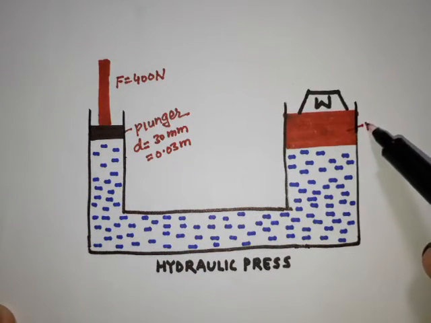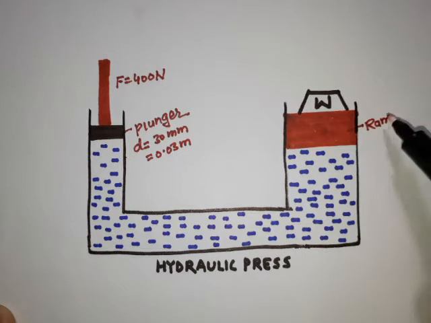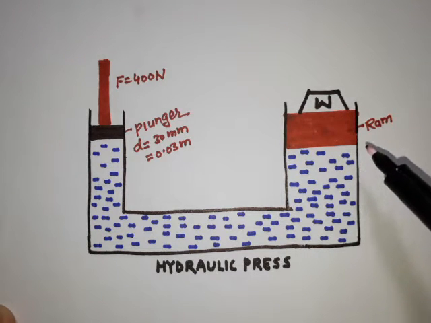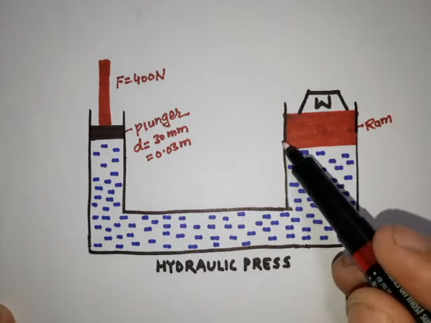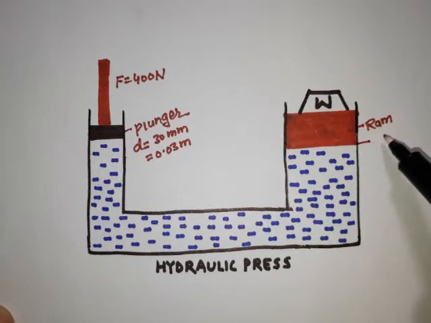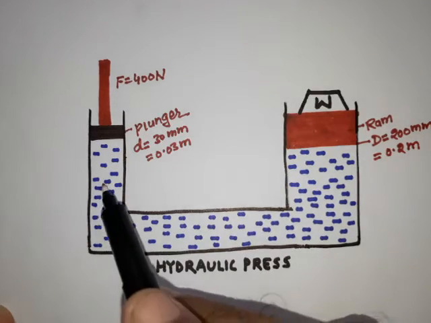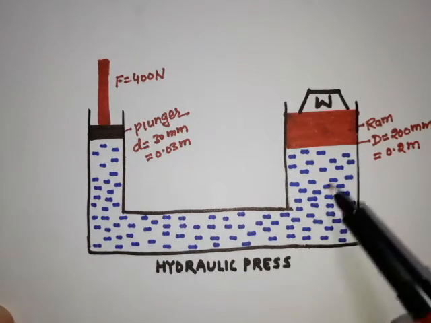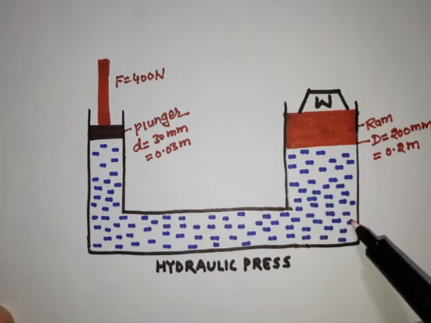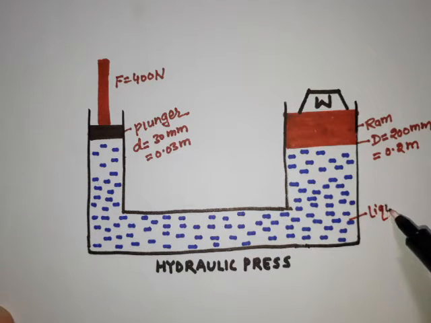And this is the ram on which weight is mounted, we need to lift it up, and this is the larger diameter, denoted by capital D, and it is 200 mm, so that is equal to 0.2 meter. And this is the fluid that is acting in the hydraulic press. We can say this is a liquid.